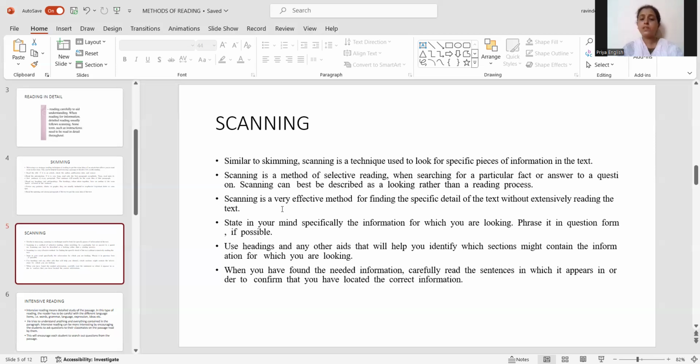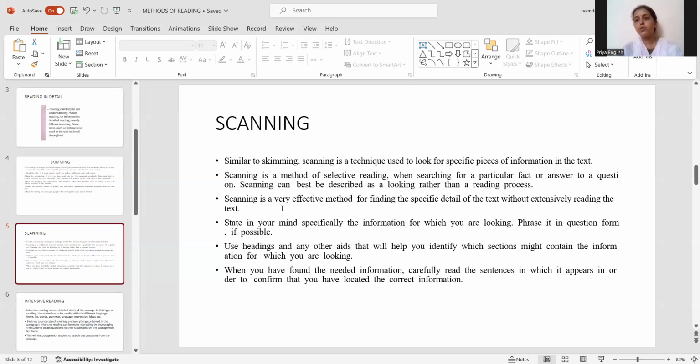So next, how are you going to go about this method of scanning? First, you need to state in your mind specifically the information for which you are looking. So it is a prerequisite. When you want that particular information, you should be specific, you should be clear about what information you are looking for in that particular book or text. So just frame it as a question in your mind, or write it down in your book.